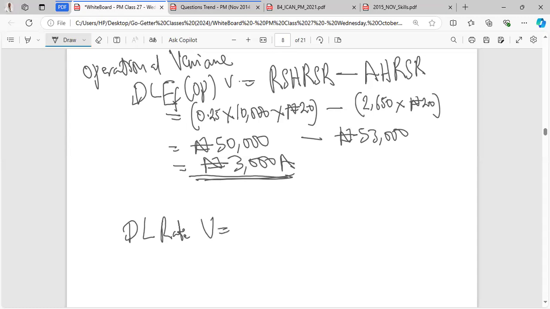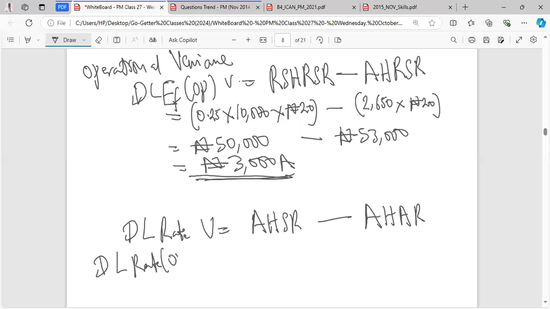Normally the rate variance is supposed to be actual hours standard rate minus actual hours actual rate. So when we now call it direct labor rates operational variance, it is between standard, revised standard, and actual.